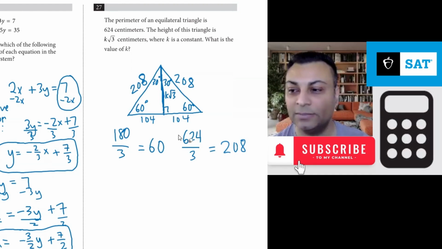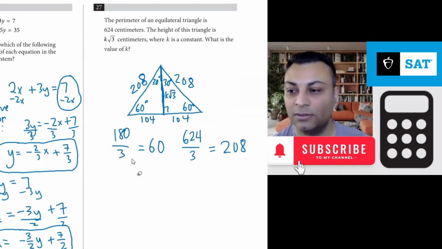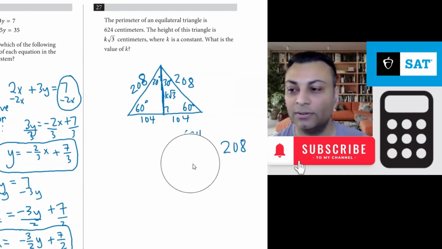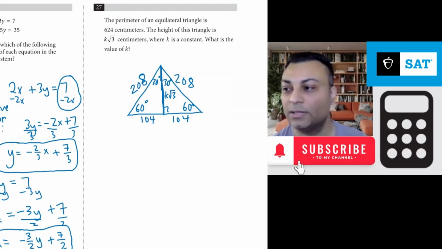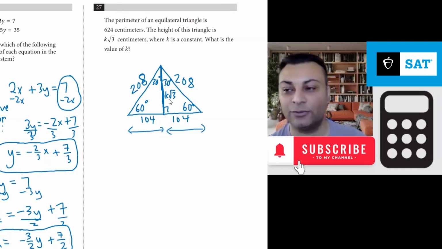Let me clear this up. This distance is 104, and this distance is 104. Okay, and that's k root 3.